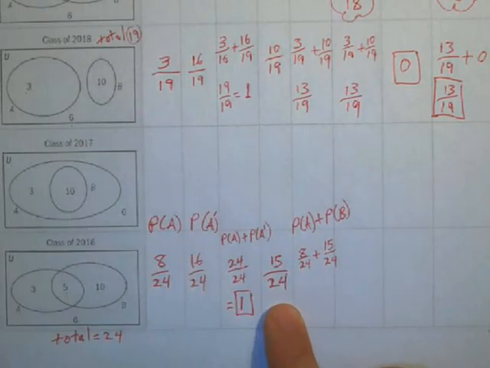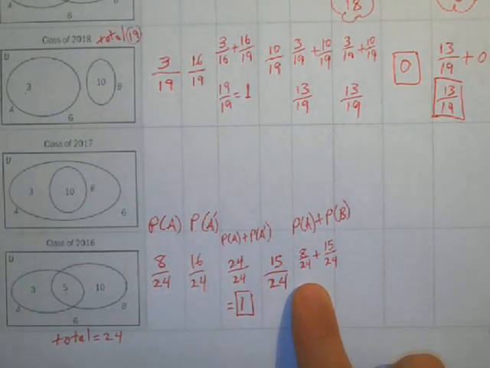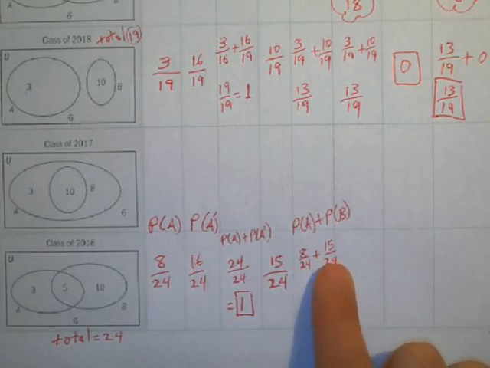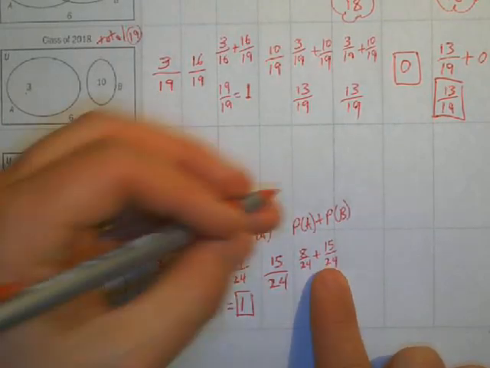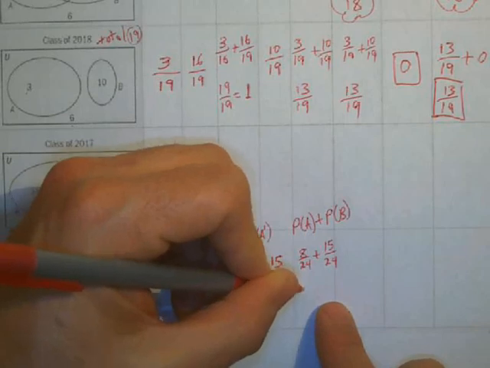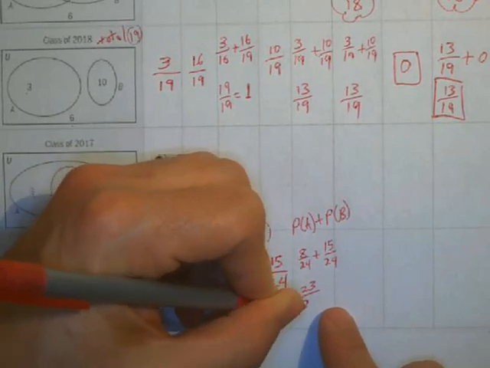And if we add those together, we get 8 plus 15, which is what? 23 over 24.